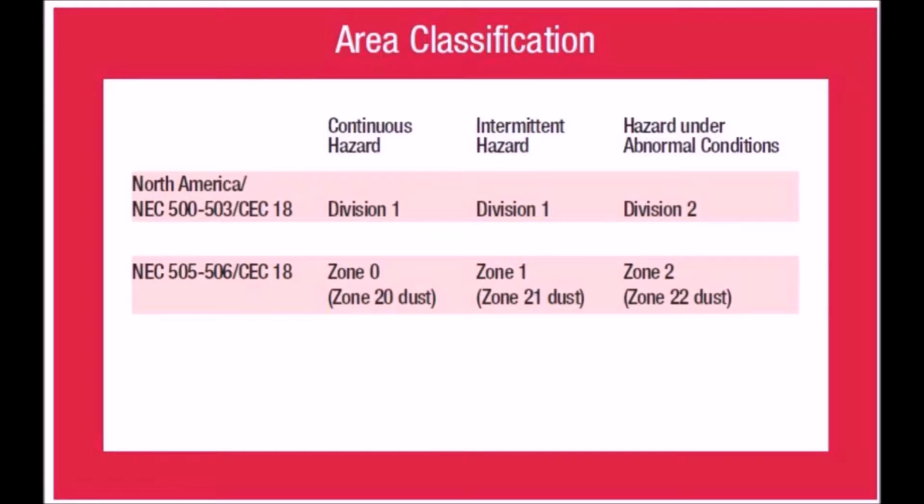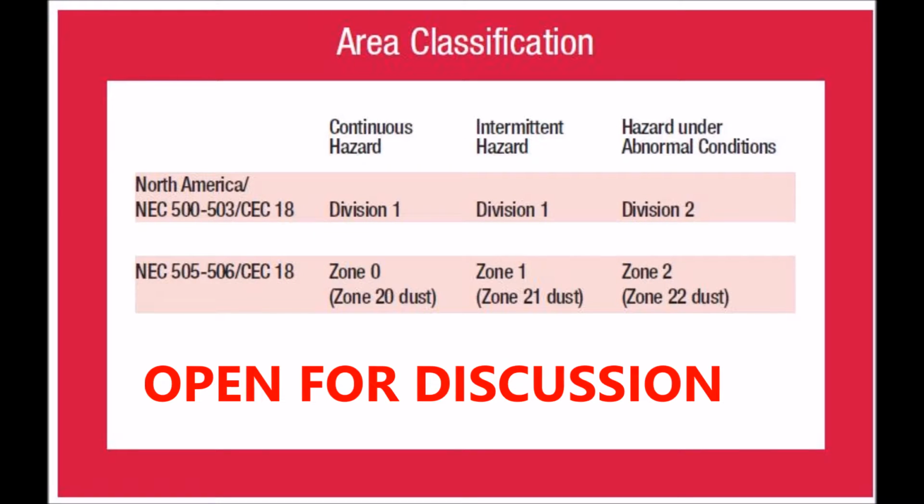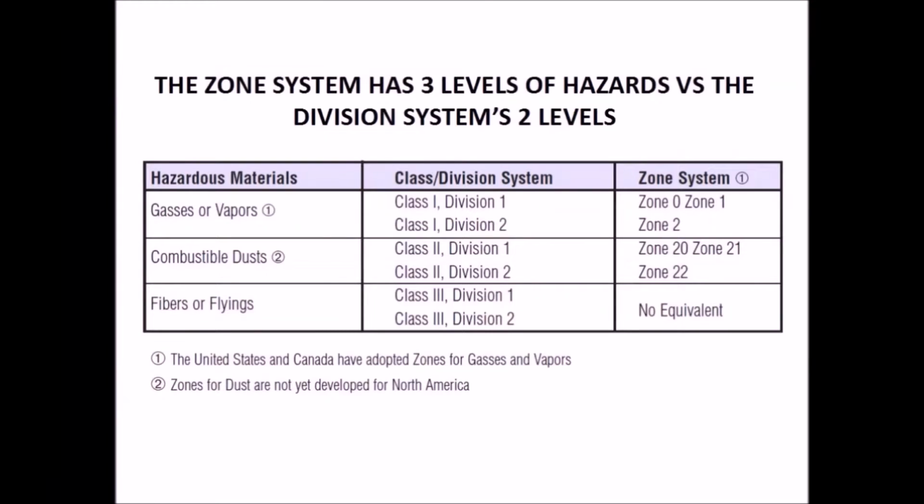Essentially, Zone 0 and 1 fall in line with Division 1, and Zone 2 into Division 2. The zone system has 3 levels of hazards versus the 2 in the division system. There are no equivalents for fibers or flyings.